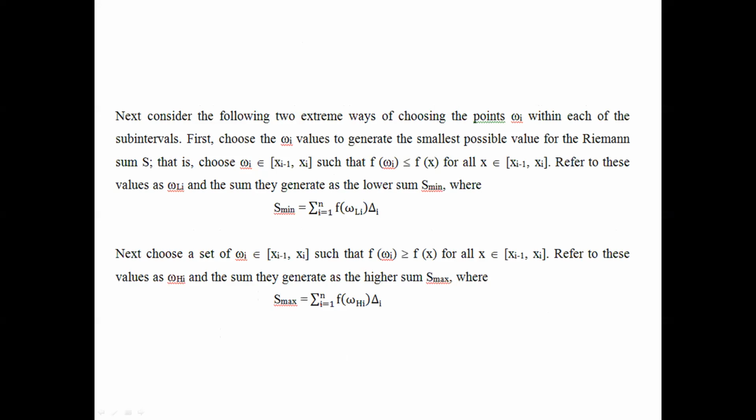The second method is we choose omega such that the Riemann sum is maximized. So in the first case, the omegas are denoted by omega L: omega L1, omega L2, and so on. And if we are maximizing the Riemann sum, S max, we are getting omega H1, omega H2, and so on.